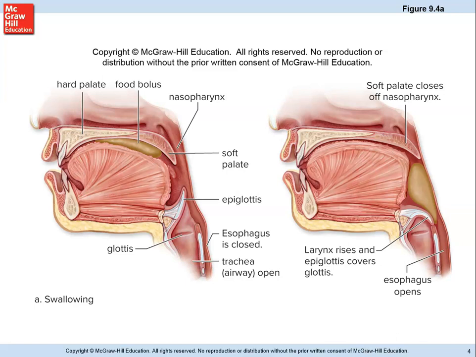If the epiglottis fails to keep the food from going down the trachea, then you're going to have choking. And then you have the Heimlich maneuver to hopefully blow that particle of stuff back up out of the trachea, where there's another chance for appropriate swallowing to occur and to open the airway.